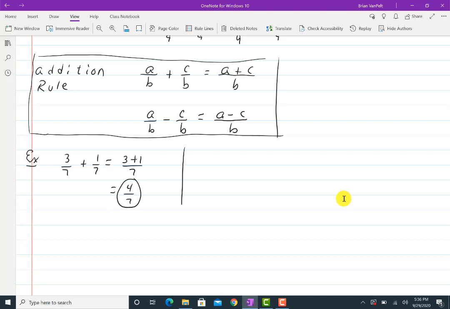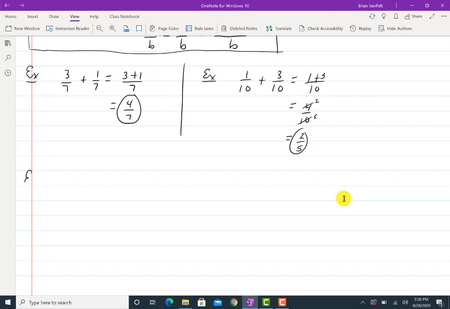Similarly, if I do 1/10 plus 3/10, I get 1 plus 3 over 10. That's 4 over 10. But now, if you were asked to simplify the answer, notice that I can cancel out a 2 in both the 4 and the 10 and get 2 over 5. So even though you can add them up, they still may need to be simplified when all is said and done.